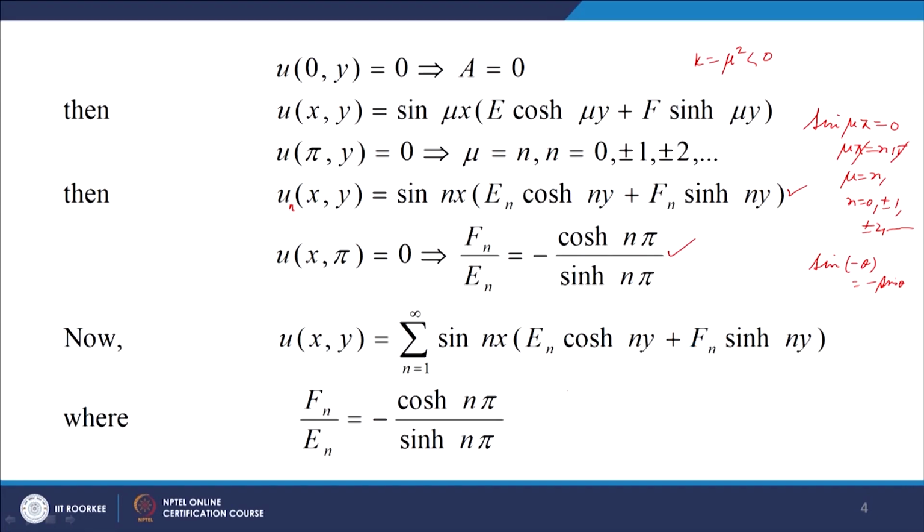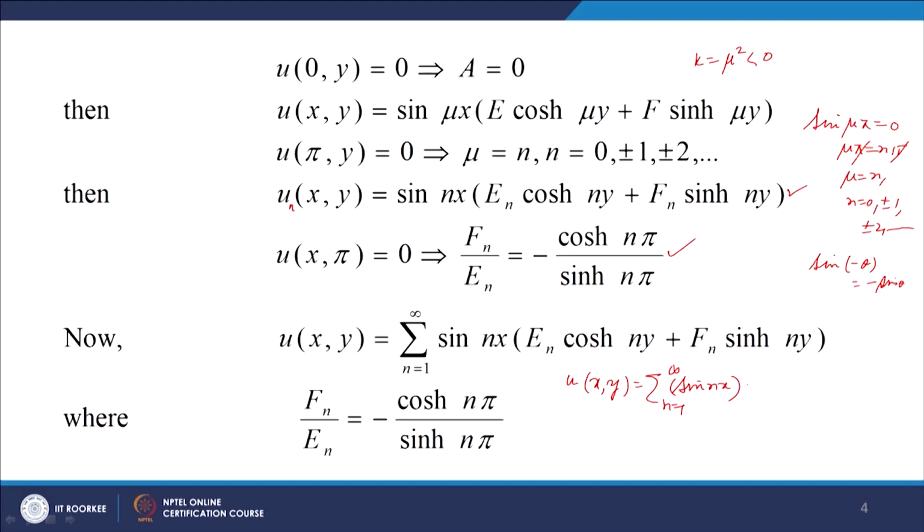This is u(x, y). If you use this, u(x, y) equal to the sum from n equal to 1 to infinity of E_n sin(nx) times, we want to replace F_n by E_n.